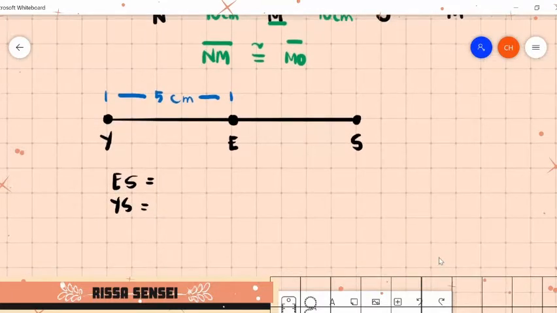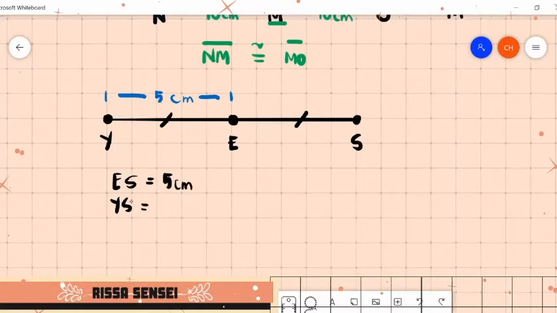Okay, I think you already have the answer. Since E is the midpoint, and we know that this point divides the whole segment into two equal parts, then YE is congruent to ES. Since YE is 5 centimeters, therefore, ES is also 5 centimeters.